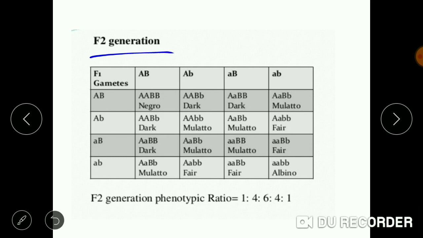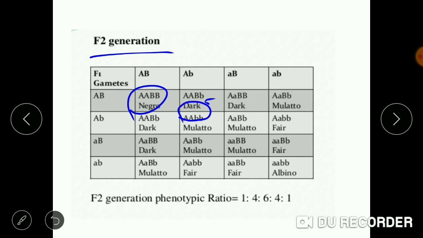During the crossing between the gametes we have taken out from the F1 parents, we see that when capital A, capital B all are dominant, then it will be a Negro. When only one recessive allele is present, then it will be a dark color.